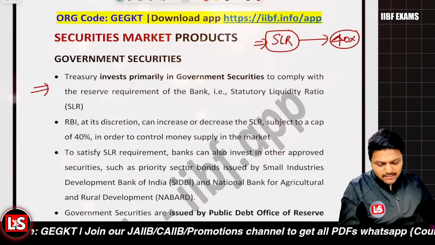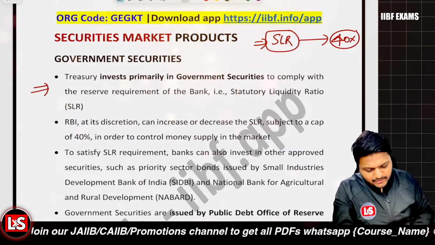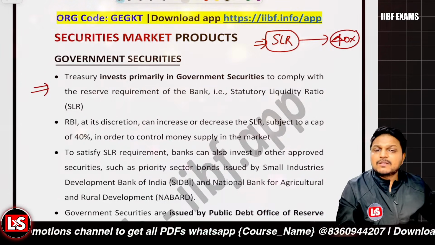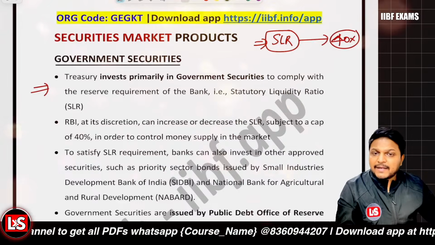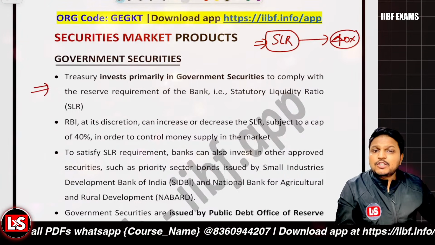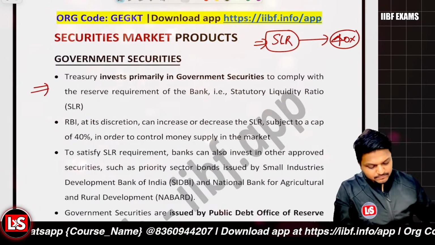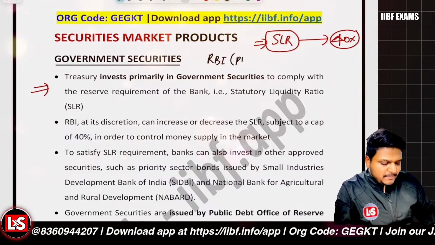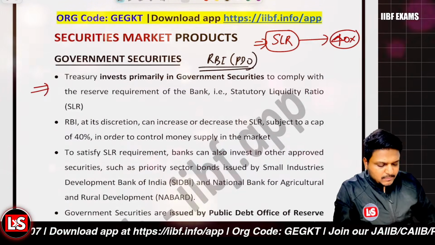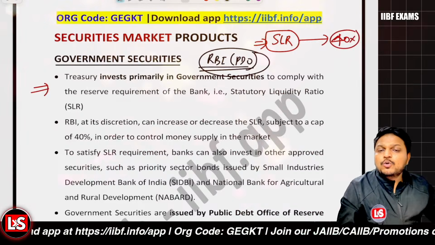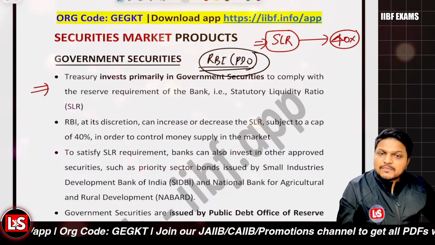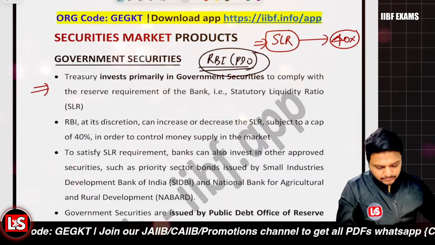And these government securities are issued by the Government of India. These are very much liquid, and further these are very much secured, right? And further these are issued through the Reserve Bank of India's PDO, Public Debt Office, which does issue the government securities.